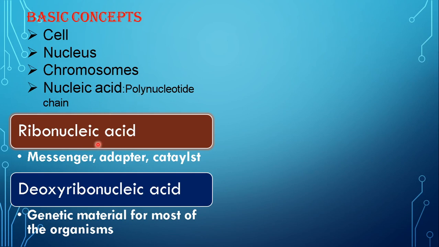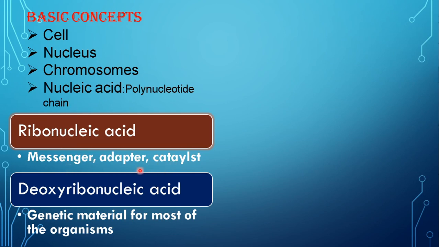Both ribonucleic acid and deoxyribonucleic acid are present within the nucleus in eukaryotes, and as a part of the nuclear component in prokaryotes. Now the basic functions of the nucleic acids. Ribonucleic acids act as messengers, as adapters, and as biocatalysts.